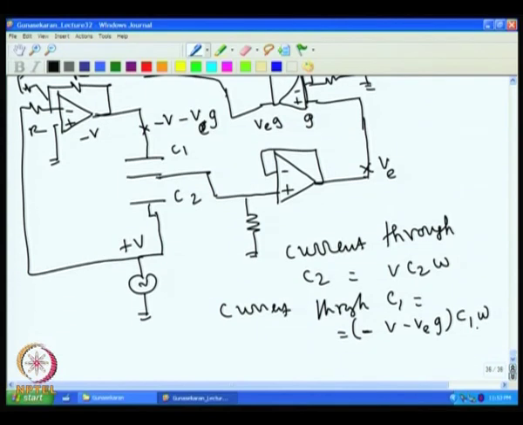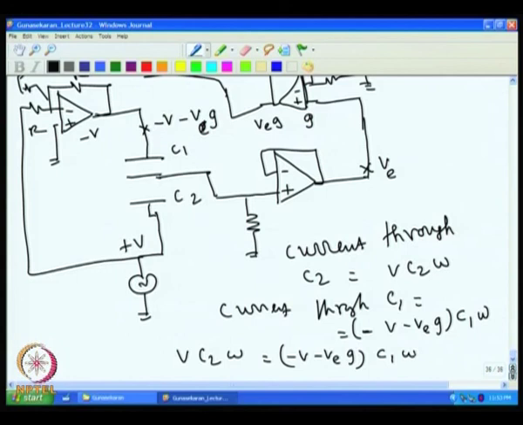Now, obviously for null we have to have these two equal. So, we will have V C2 omega is equal to minus V minus VE into G into C1 omega.